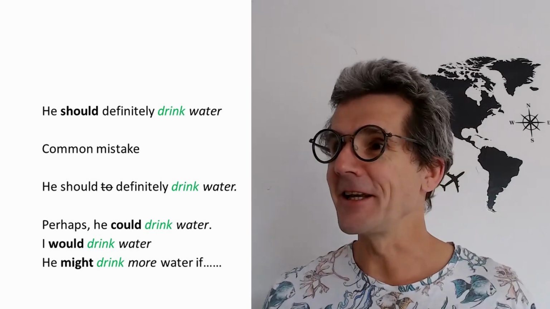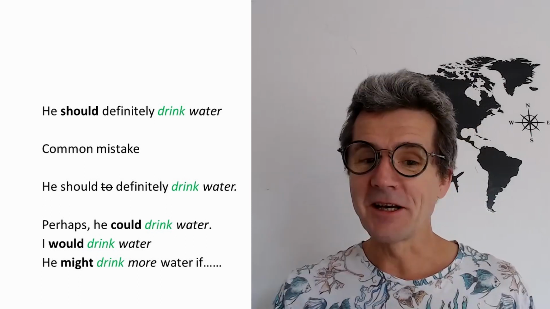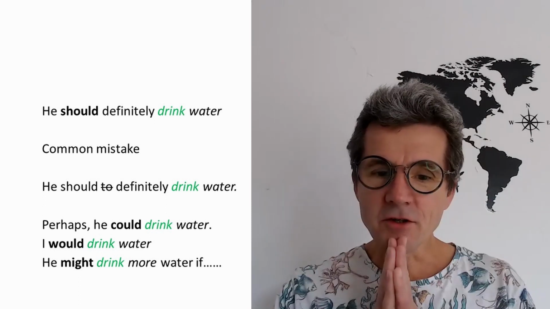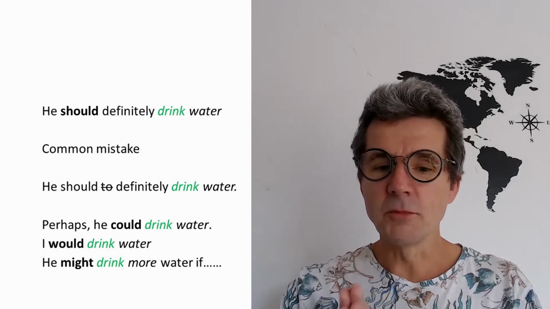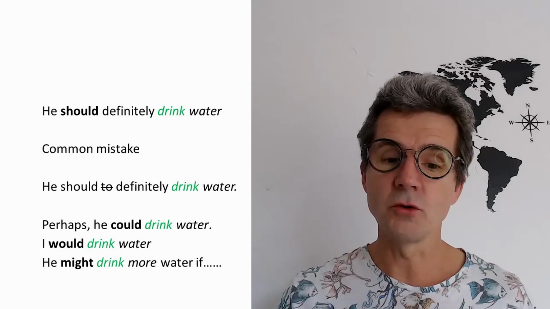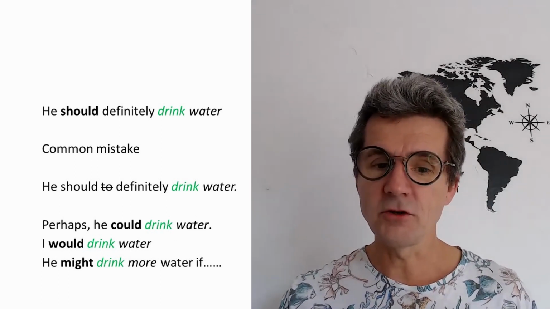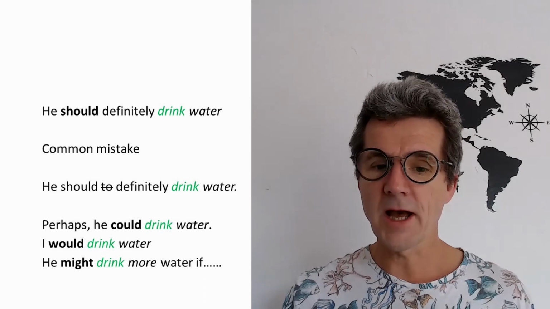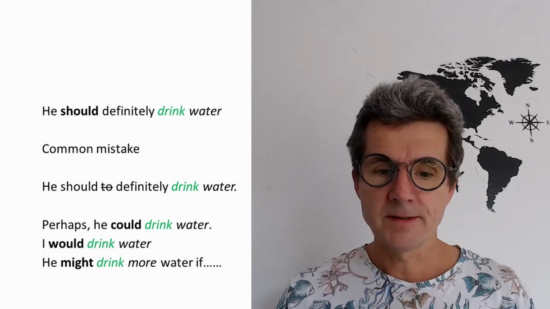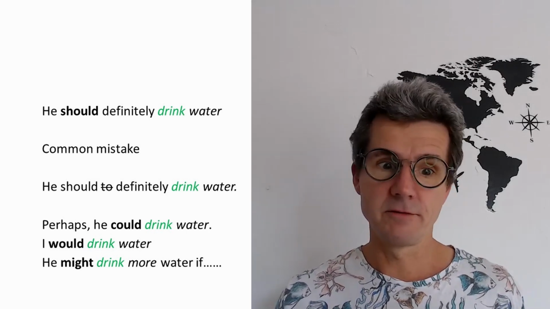Well, it does exist in English, but it's not correct. Native speakers don't do this. And other modal verbs, they're called modal verbs. Other modal verbs are like should. So could, would, might. So here are the examples. Perhaps he could drink water. I would drink water. He might drink more water if.